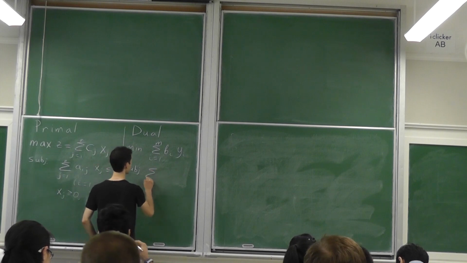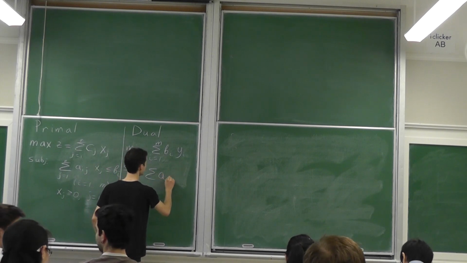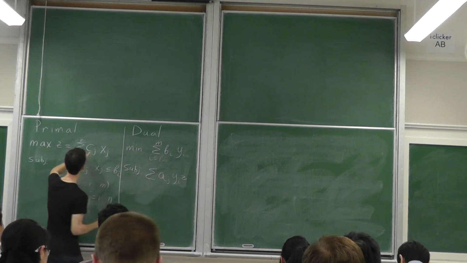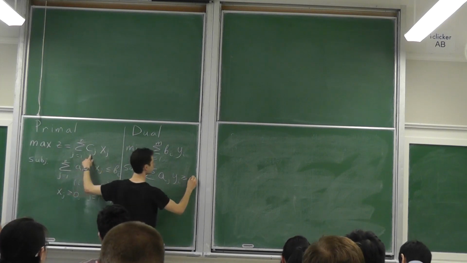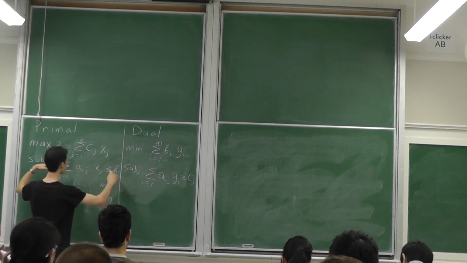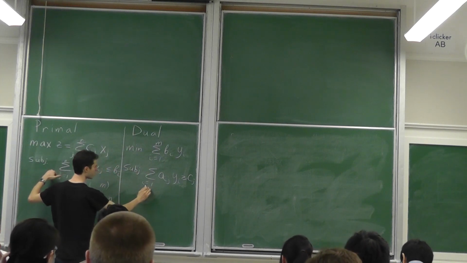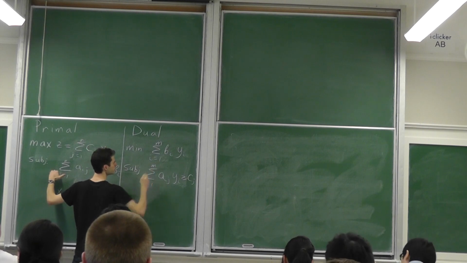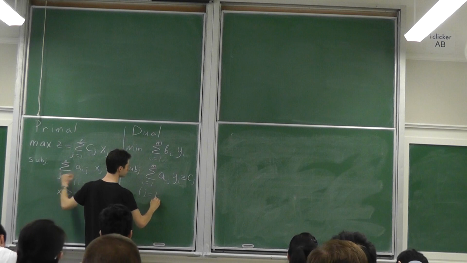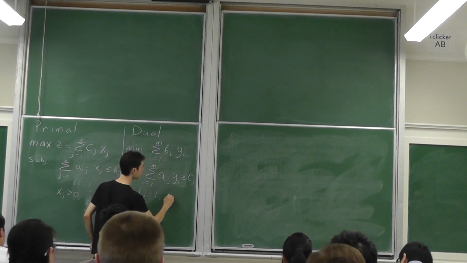So you want the sum of a_ij y_i to be greater or equal than the corresponding c_j. The sum is over all possible constraints, so for i from 1 to m once again. And here we have constraints for each j from 1 to n.